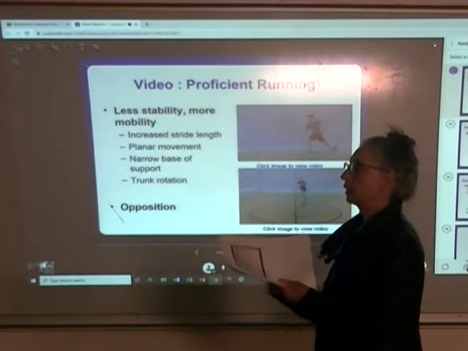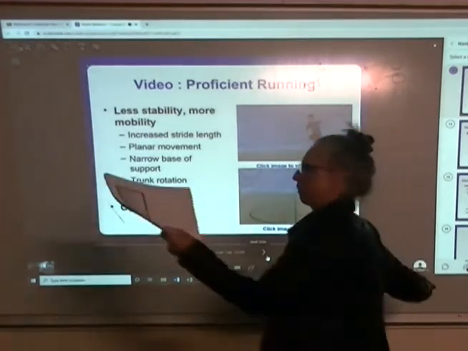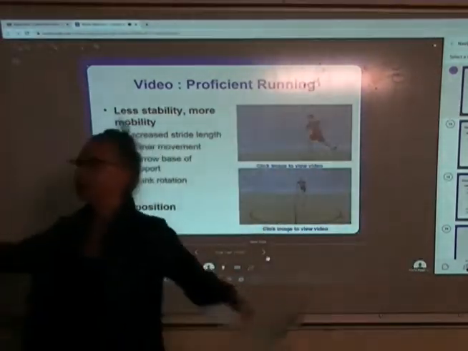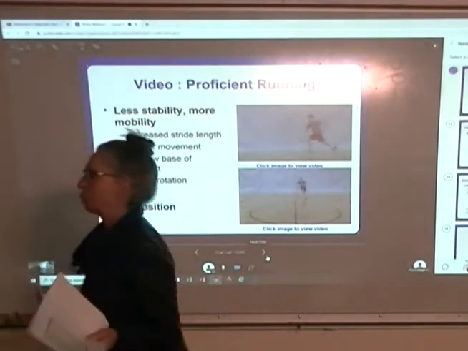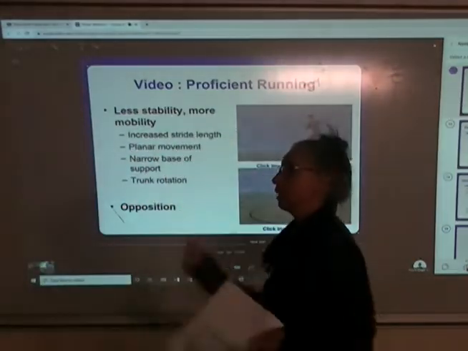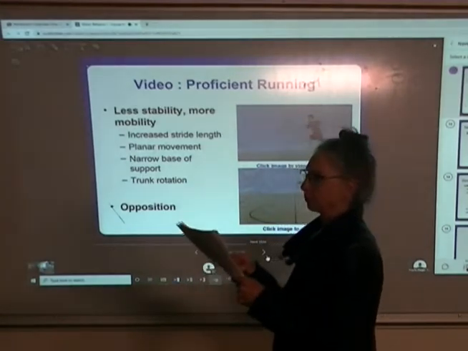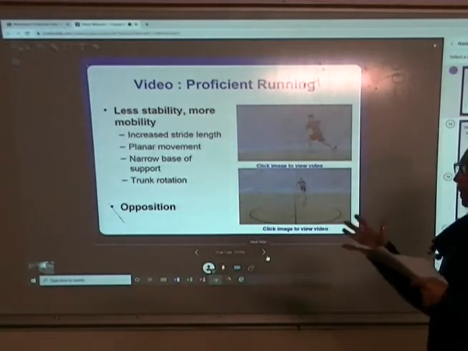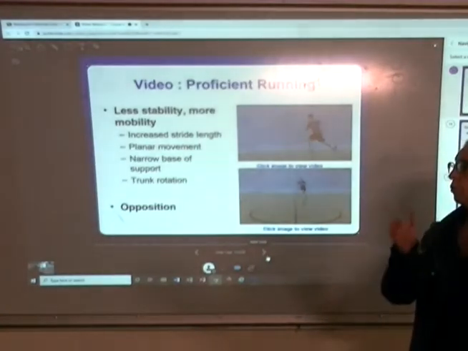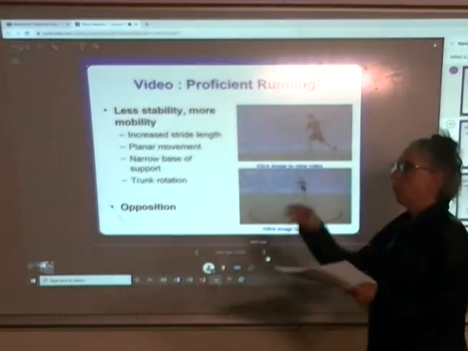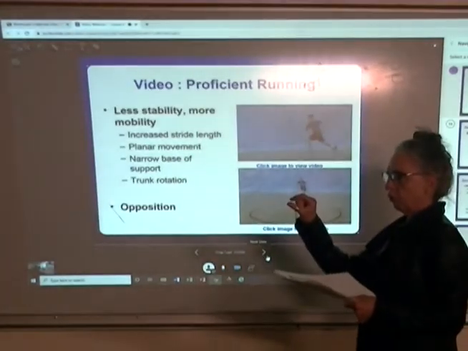The increased stride length gives me some rotation, and then the arms will just start swinging even if I didn't deliberately start moving them in opposition. Okay? So very similar characteristics to the development of walking, but with the flight phase involved.